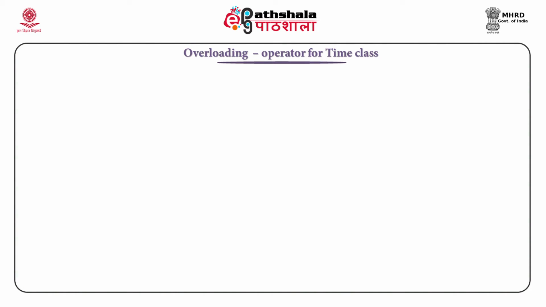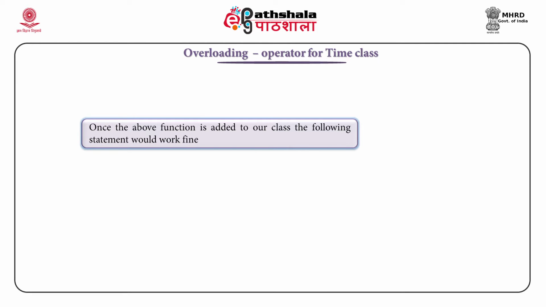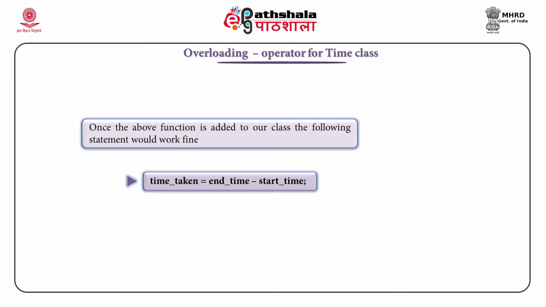Once we add this function to our class, we will be able to write a statement like time difference equals end time minus start time. When we are able to use this operator to perform the difference, our code will be significantly simplified.